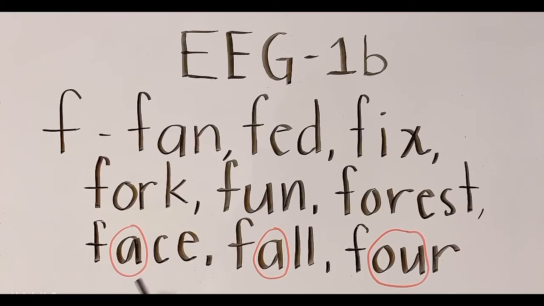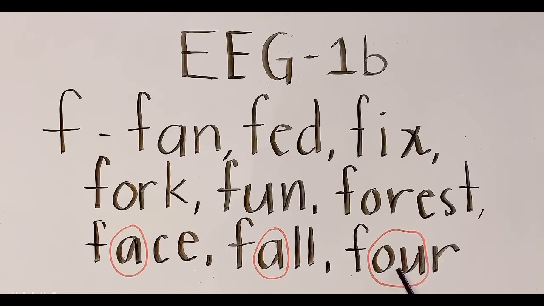Now look at the sounds of A here and O. A here is different, so face. A here is another O. Okay, the sound is O, so it is read fall, right? That is A, this is O. A, O, right? Face, fall. Okay, so this has the same sound with this one.